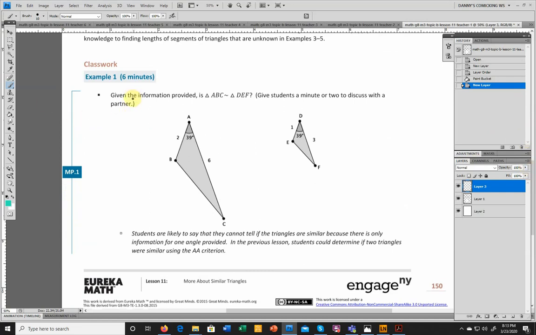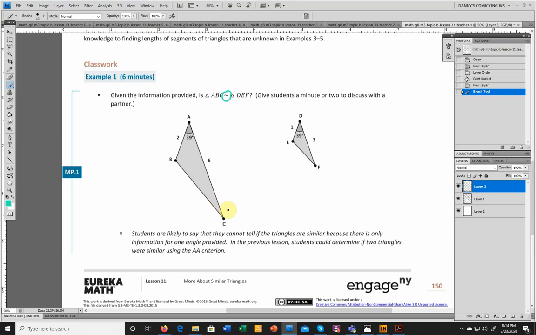So example 1 says that given the information provided, is ABC similar to DEF? Normally we'd be doing this as a discussion, but I'm just going to go ahead and go through it with you guys. So it says that you're likely to say that you can't tell if the triangles are similar because there's only information for one triangle provided.